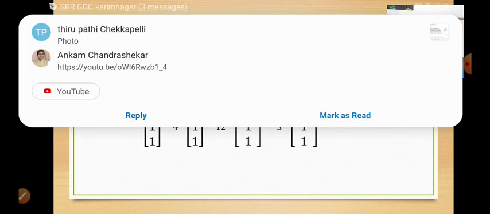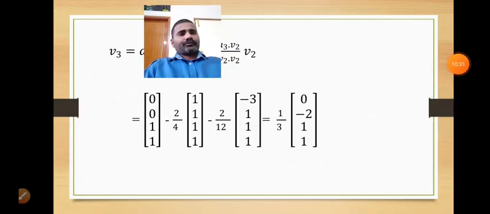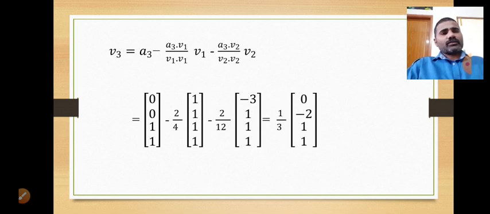So V3 is A3 minus 2 by 4 into V1, which is (1 1 1 1), minus A3 dot V2 by V2 dot V2.